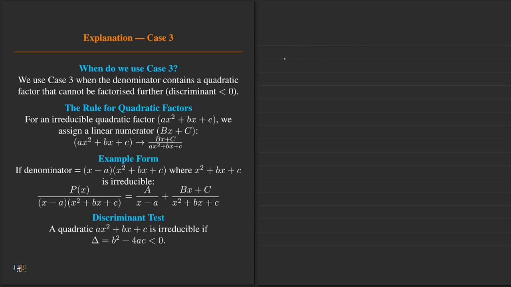So for such quadratic functions, ax squared plus bx plus c, anytime you are evaluating and you have a denominator of this form, then the term that takes that denominator would also take a numerator of bx plus c or ax plus c, whatever the case may be.